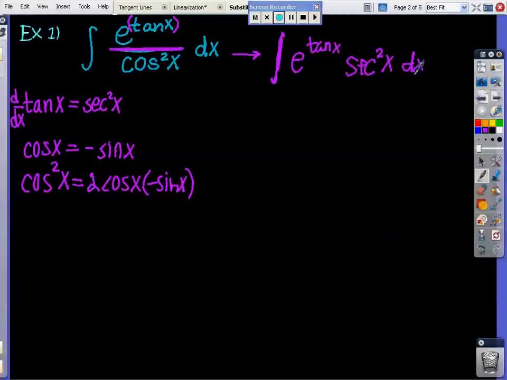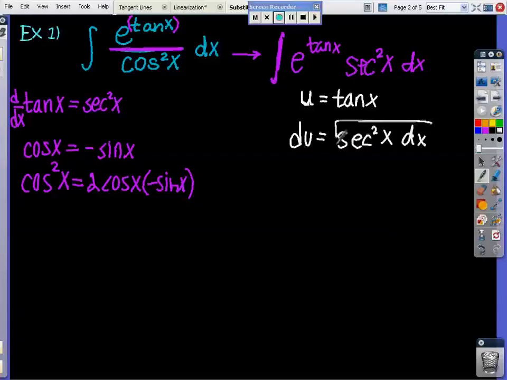So similar to the problem we had before, my u will end up being tangent of x, because then du is secant squared of x dx. This in white will replace all of this.